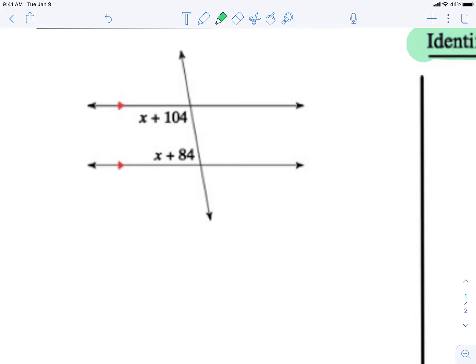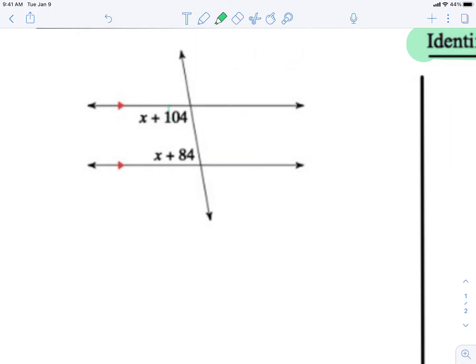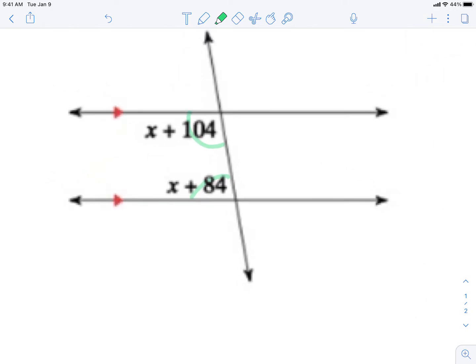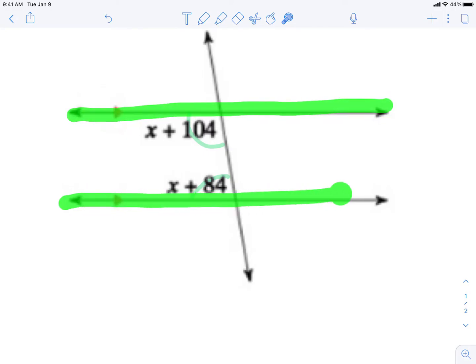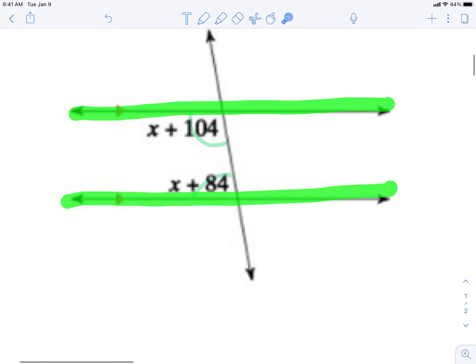So let's start with this first one here. So the first thing that I'm going to do is I'm going to show you all. Okay? So we have an angle here, and we have this angle here. See? So they are here and here. So they are both inside of these double lines. As you can see, they're both inside the double lines.